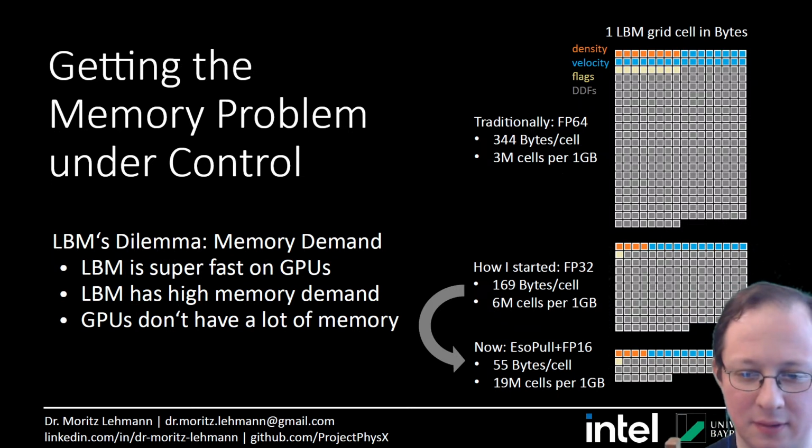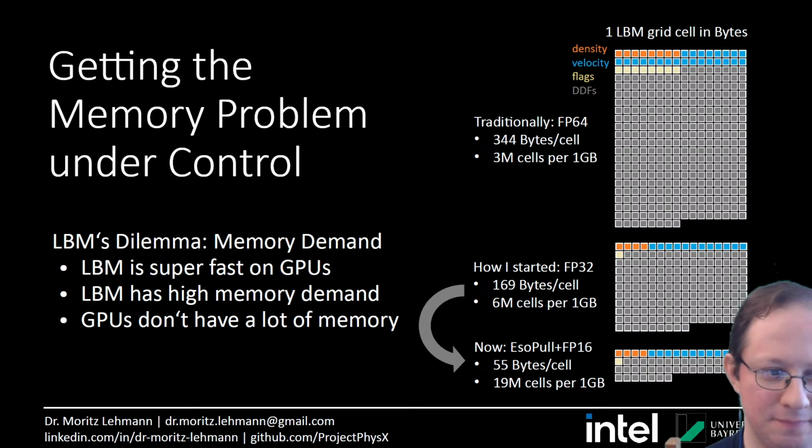Here on the right, I have visualized how many bytes every grid cell needs in memory, and for traditional Lattice Boltzmann with FP64, so with double precision, this is 344 bytes for every grid cell, and this means in 1 gigabyte of video memory you fit 3 million cells, and that's it. And the colors here represent what they actually are.